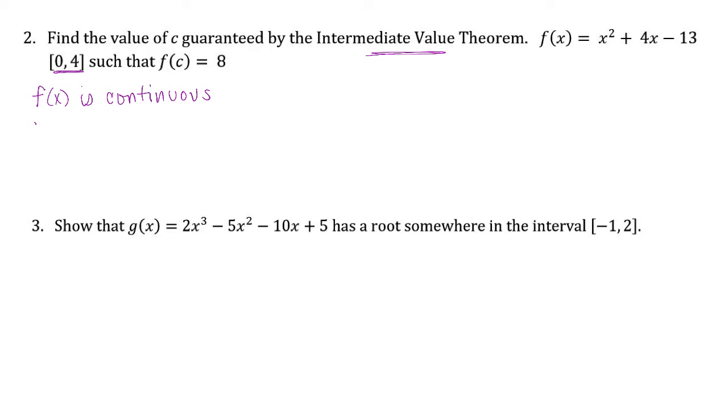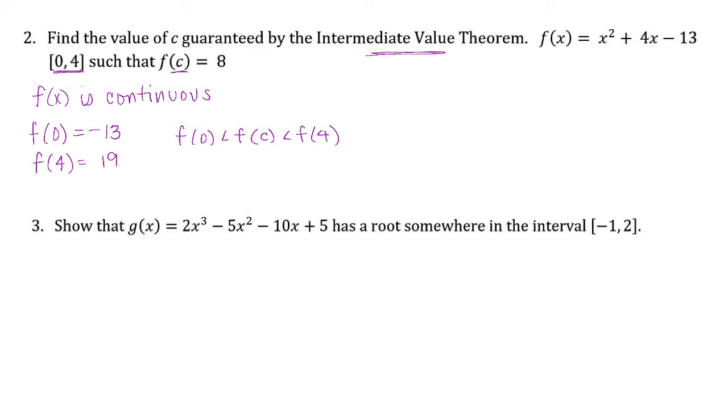Then the next thing, you need to check your endpoints to see their value. f of 0 is negative 13, and f of 4 is 19. And so we see that f of c is between f of 0 and f of 4. So we know we are guaranteed the c value.